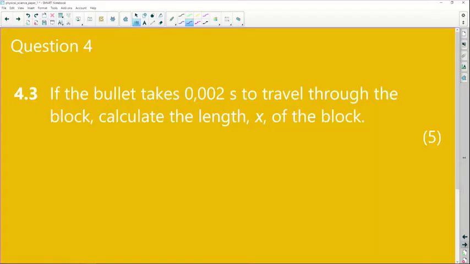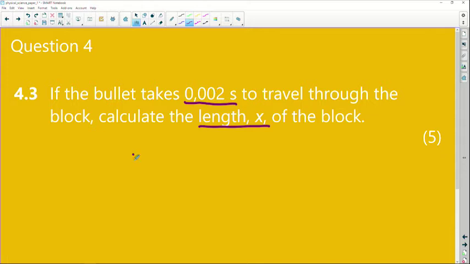Right, so let's move on to the last part of this question. Question 4.3. They say here, if the bullet takes 0.02 seconds to travel through the block, calculate the length x of the block. So in this case, they give us an amount of time that the bullet takes to move through the block.